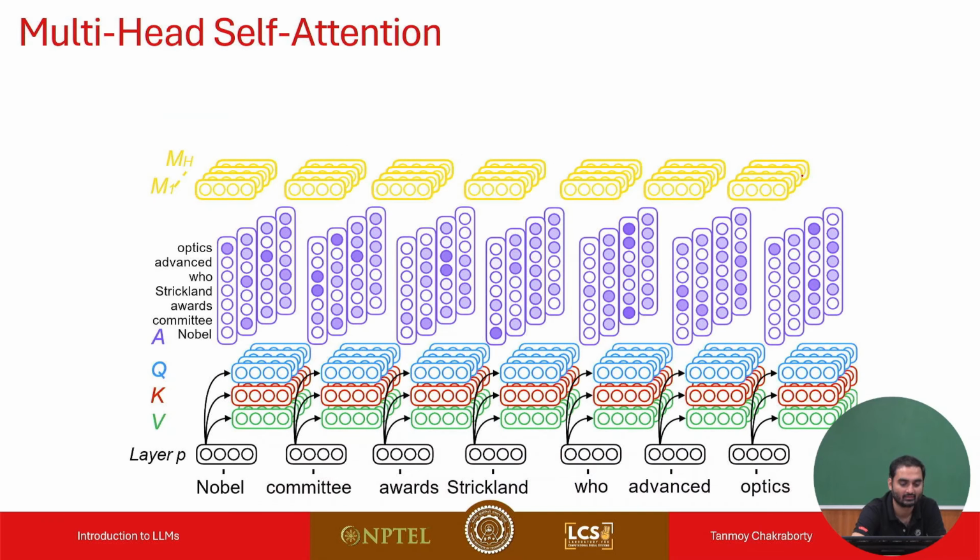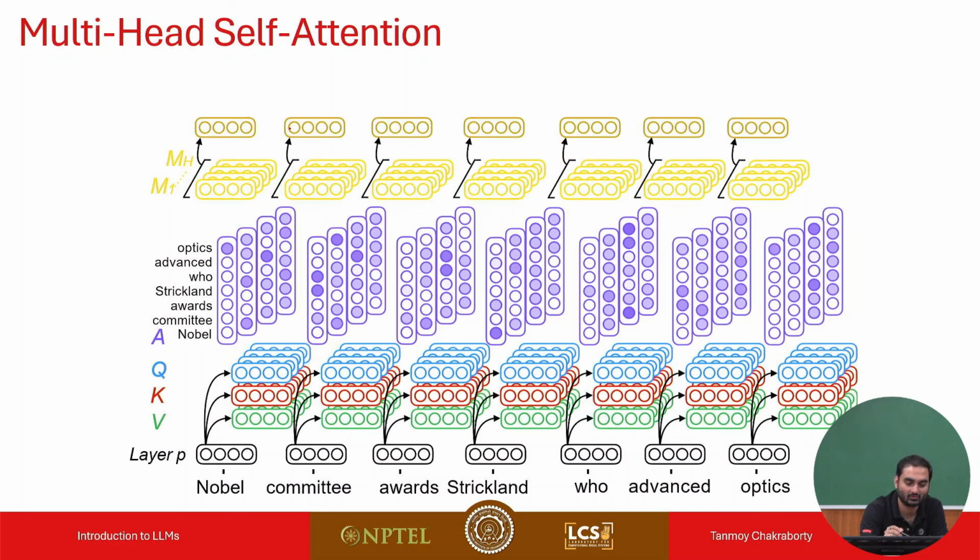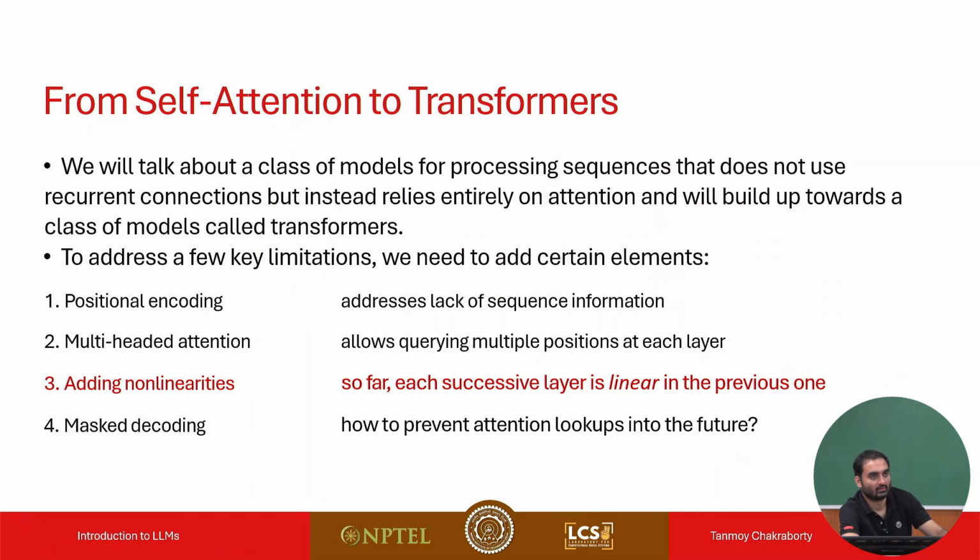Now in multi-headed, you have multiple such vectors, multiple such attention distributions, right? Okay, and then what you do, you concatenate them, right, and pass it through some sort of linear layer, and this will result in a vector which has the same dimension of the input vector, right? Let's move on to the next concept.